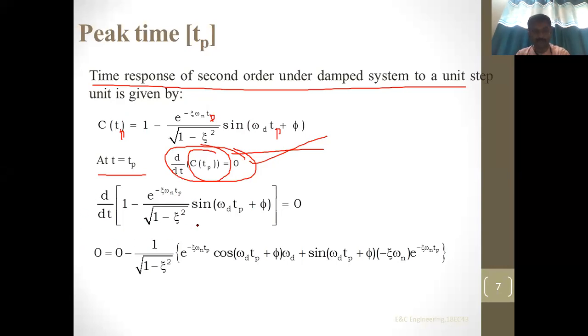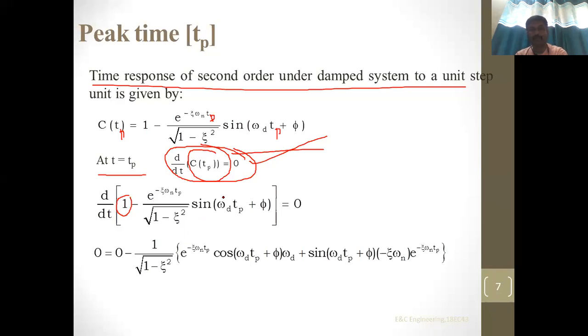Now if I try to differentiate this, derivative of 1 is 0. Next, root of 1 minus xi square is constant, so I'll take it outside. Then I need to apply the product rule to e power minus xi omega n tp into sine of omega d tp plus phi.